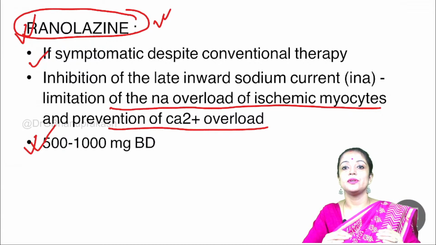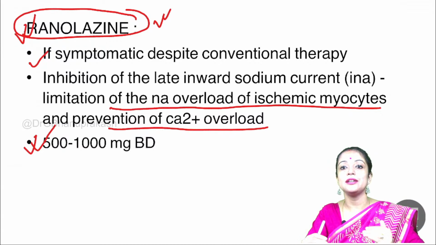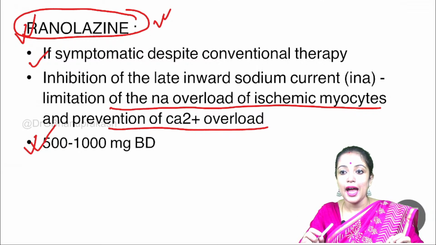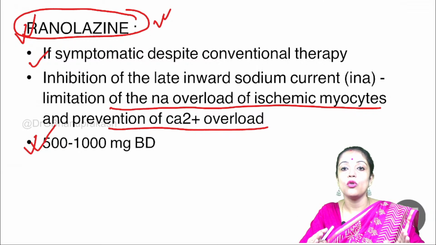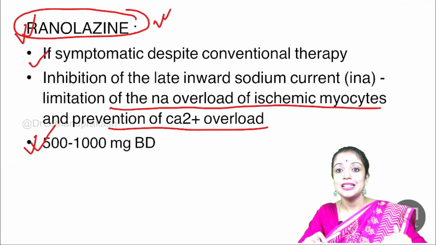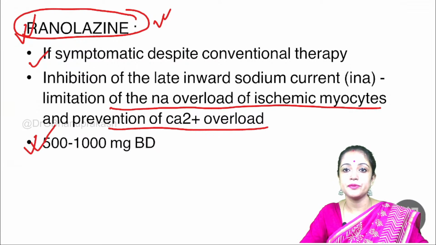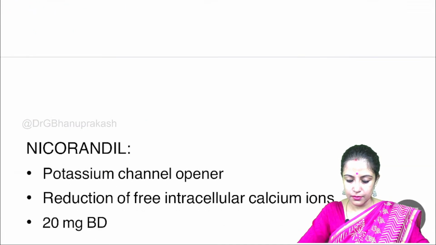So Ranolazine is a newer drug. It inhibits the late inward sodium current, limits the sodium overload of the myocyte, and because of that, it reduces the calcium overload as well. This is how it helps in angina.